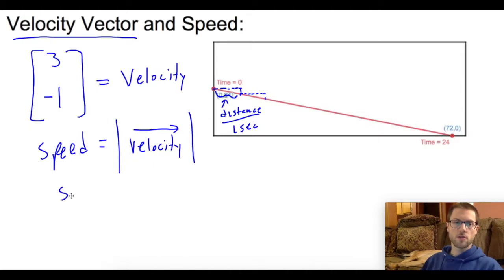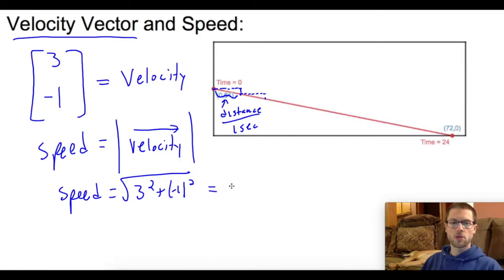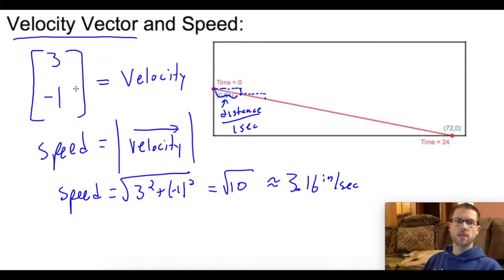So in this case, the speed is going to equal the square root of 3 squared plus -1 squared, which is equal to the square root of 10, which is approximately 3.16 inches per second. So this is just how fast she's moving across the rug. This describes the actual direction of this vector.